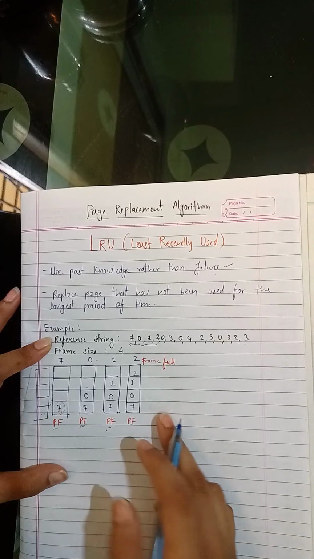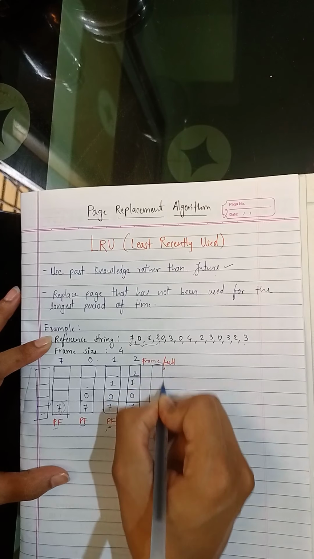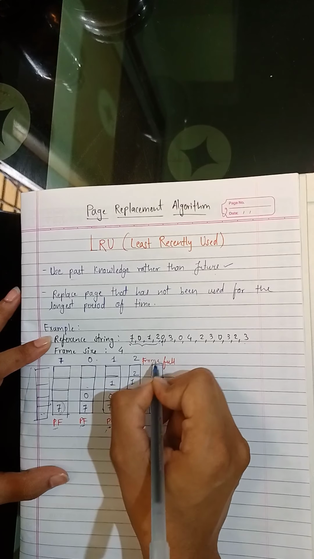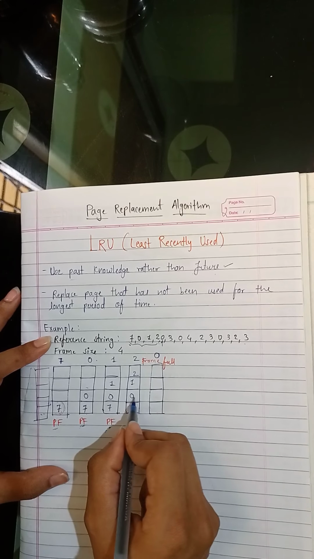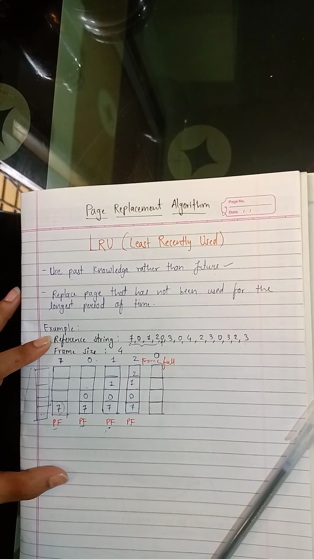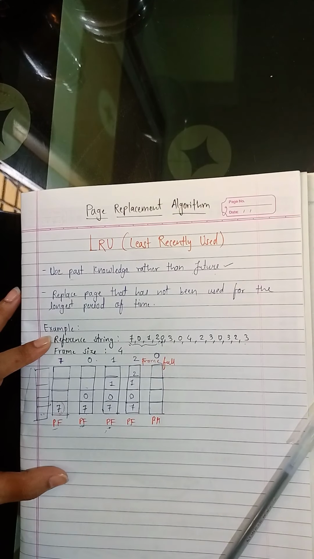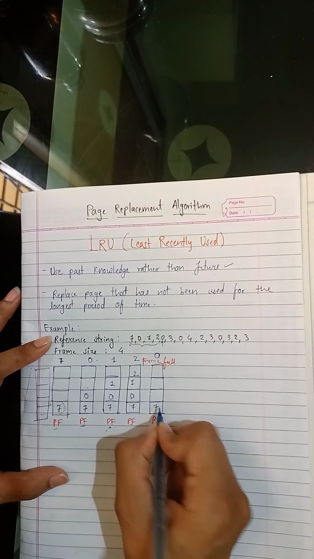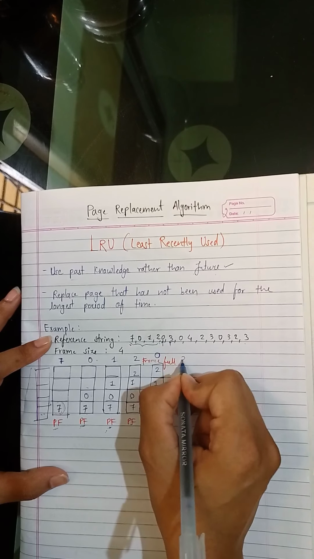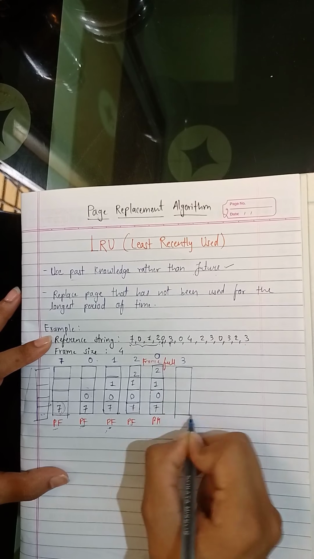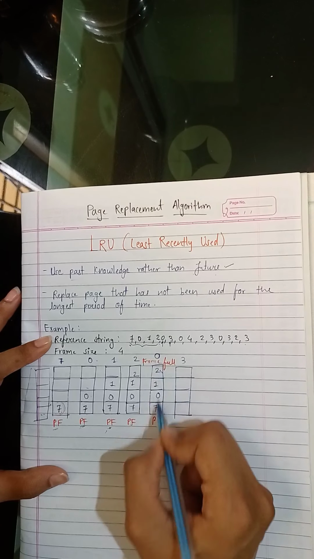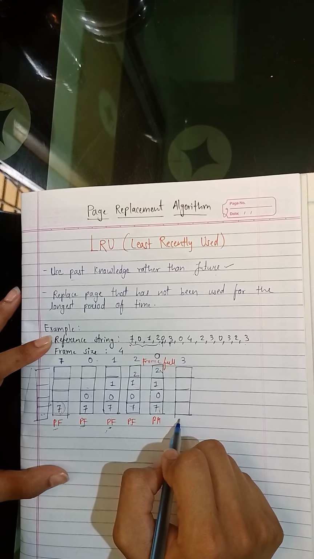What we do here is draw out the frame, and now we have to put 0. 0 is already present here, so it is a page hit. Since it is a page hit, you keep all the pages as they are, 1 and 2. Now it is 3, so for 3 you have to put the algorithm to work. We do not have 3 anywhere, so there is no page hit.